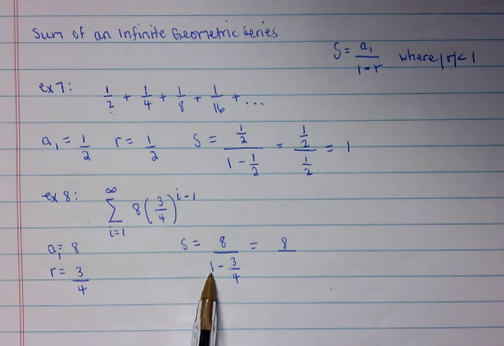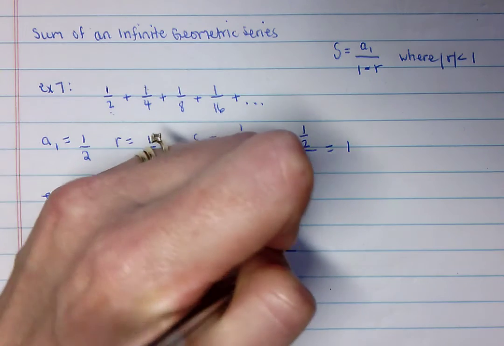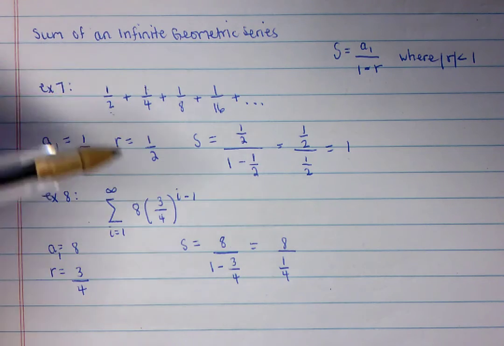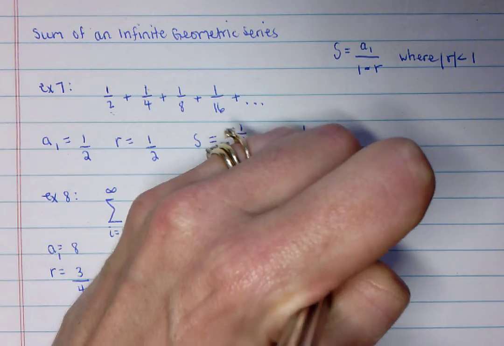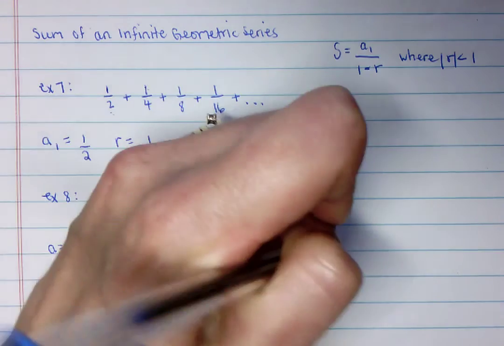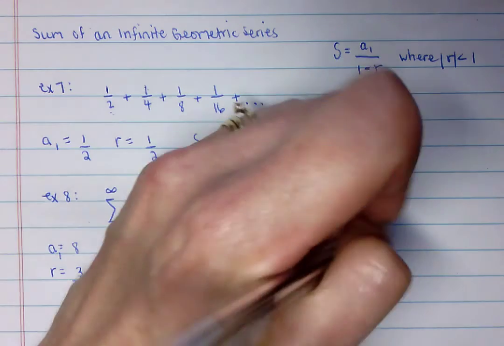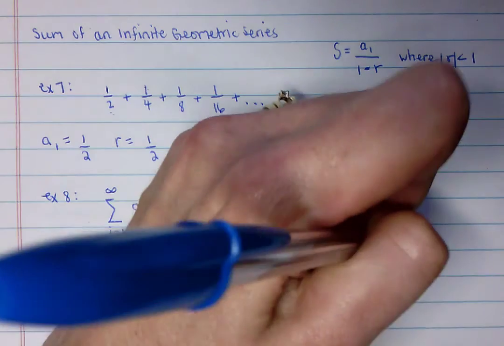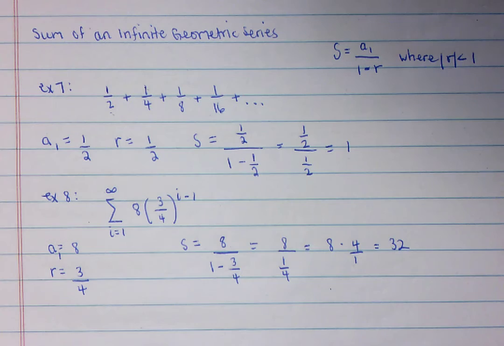Remember, 1 whole can be written as 4/4, so 4/4 minus 3/4 is 1/4. Then keep, change, flip if you want to think of it like that. So 8 multiplied by the reciprocal, 4/1, and that's going to be 32. So this particular sum is 32.